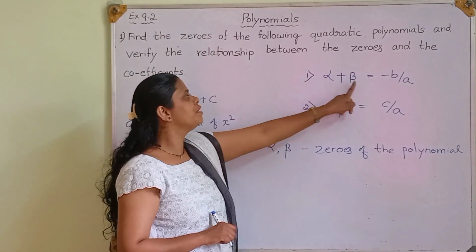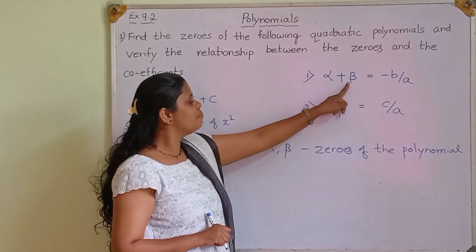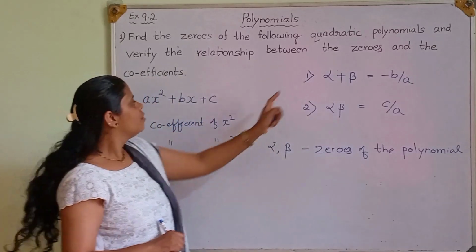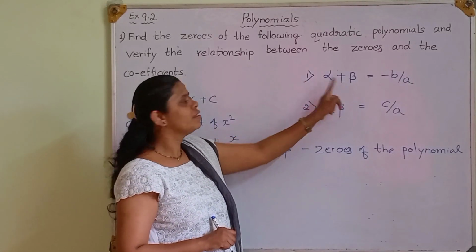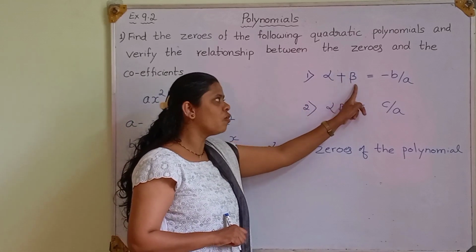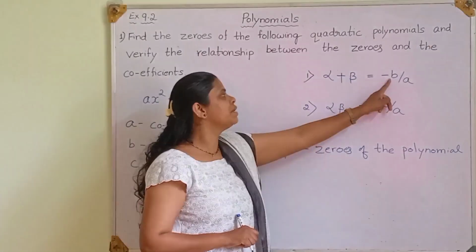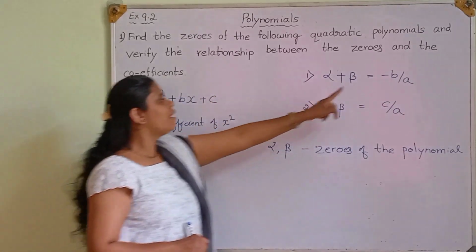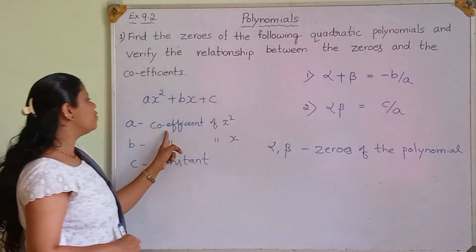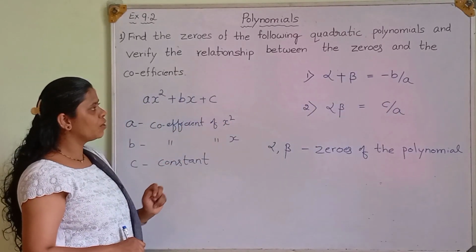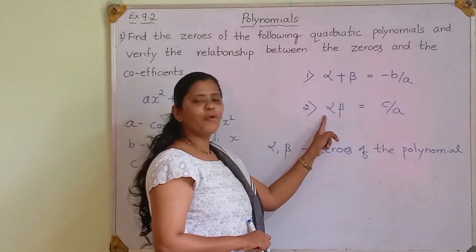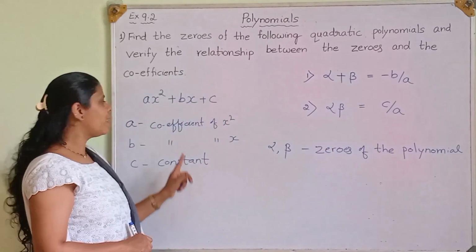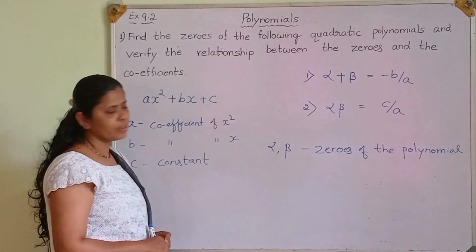Alpha plus beta, what does it mean? The sum of the zeros of the polynomial is equal to minus b, the coefficient of x, divided by a, the coefficient of x square. Then the product of the zeros of the polynomial is equal to the constant divided by the coefficient of x square.